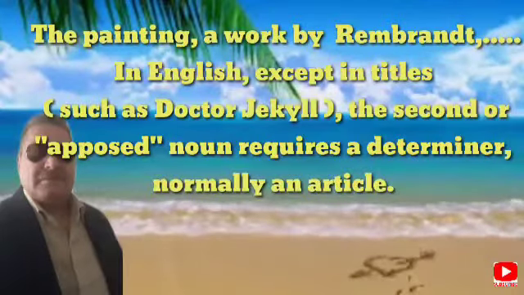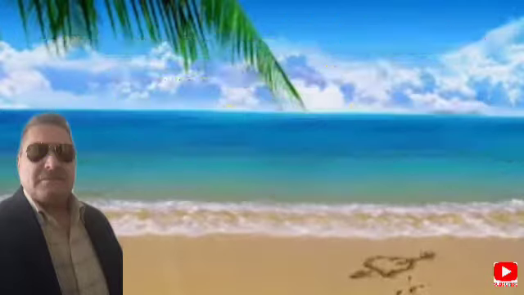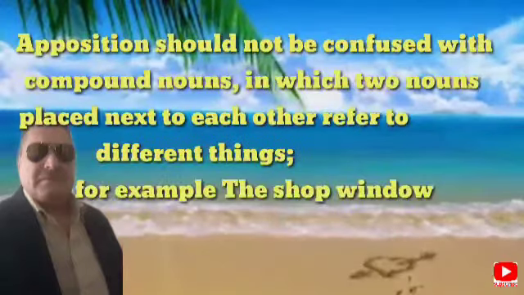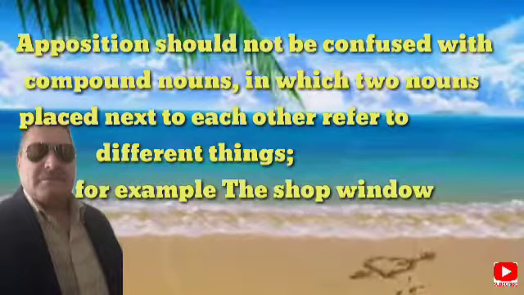In English, except in titles such as Dr. Jekyll, the second or opposed noun requires a determiner, normally an article. Apposition should not be confused with compound nouns, in which two nouns placed next to each other refer to different things. For example, the shop window.